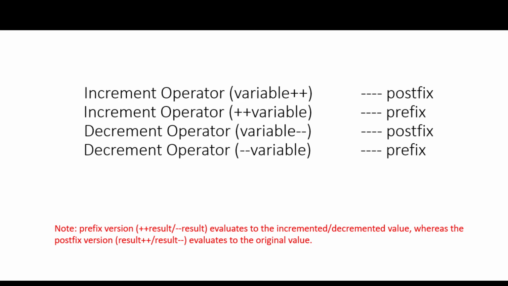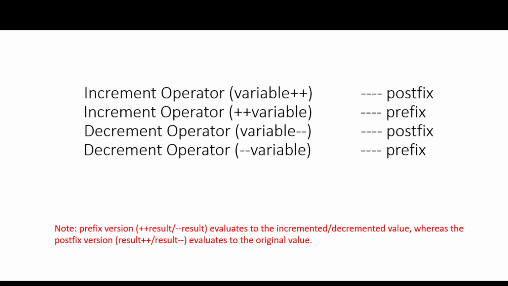Increment and decrement operators can be applied before or after the operand, like result plus plus or plus plus result. In both cases, the result will be incremented by 1. But the difference comes in their evaluation.